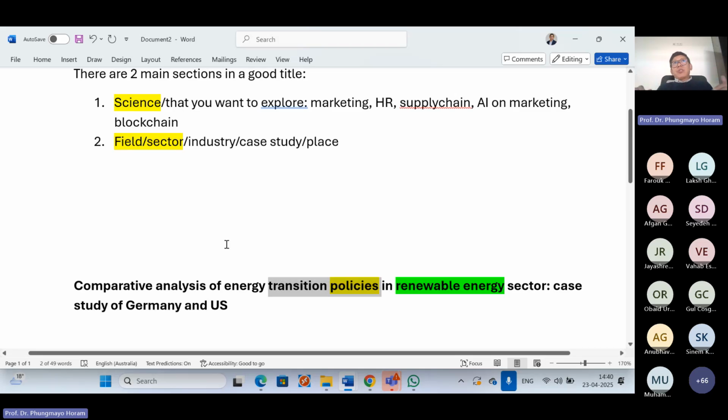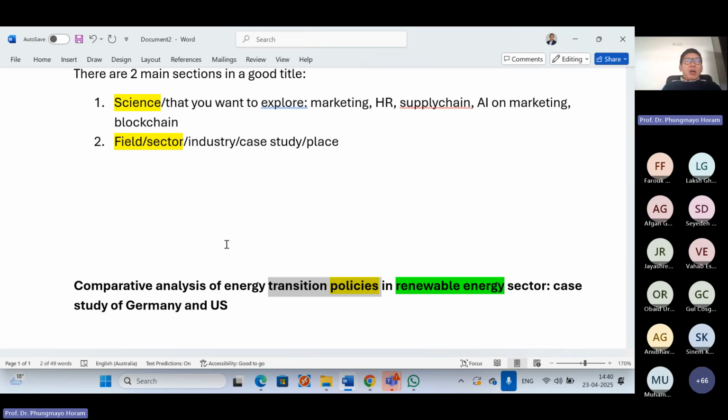How do you design policy so that you can send a signal to the market or incentivize the market to behave in a particular way, right? So that is the main field that you're exploring. And then renewable energy or case study of Germany and US. So that's the field that you're exploring.